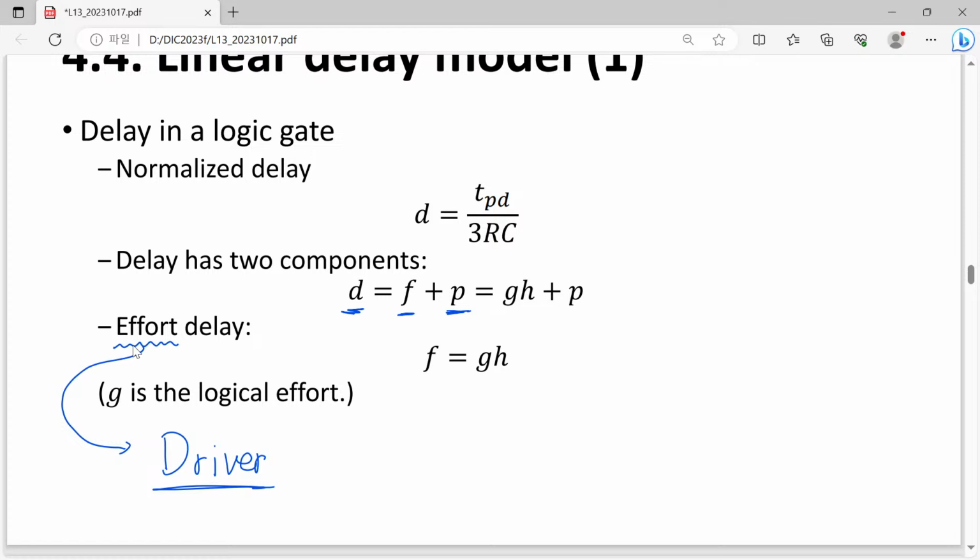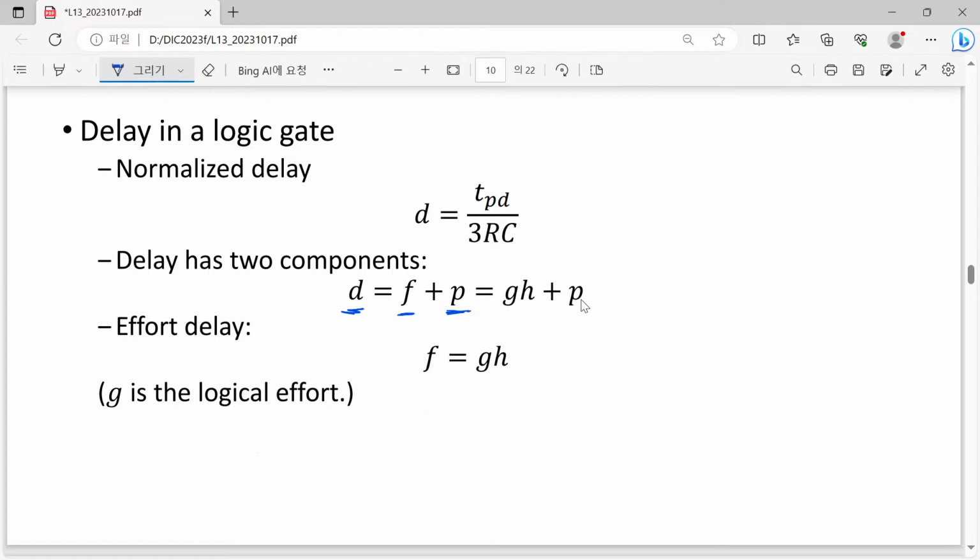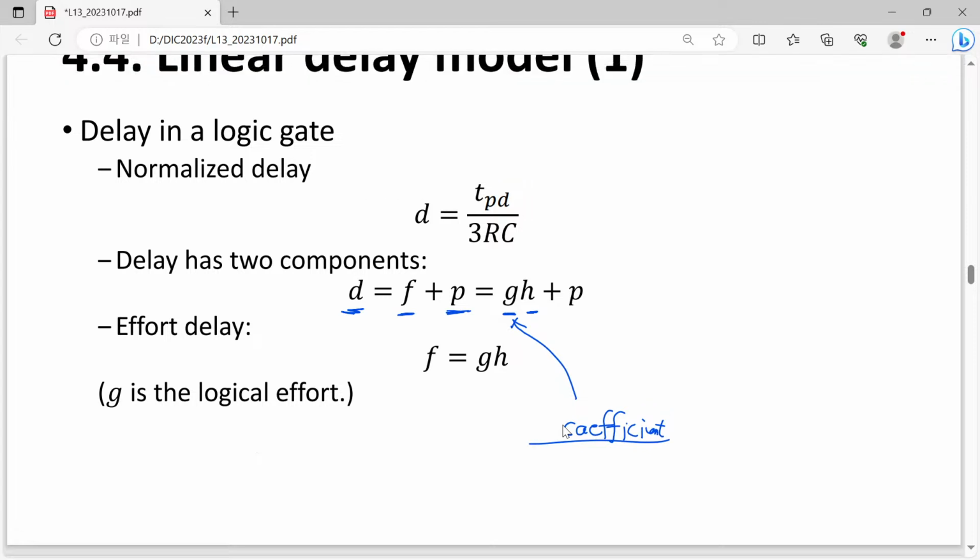And as I told you before, here we have linear dependence on H, and here we have a coefficient, and this coefficient is actually a property of the driver.